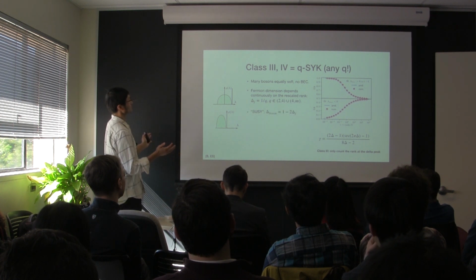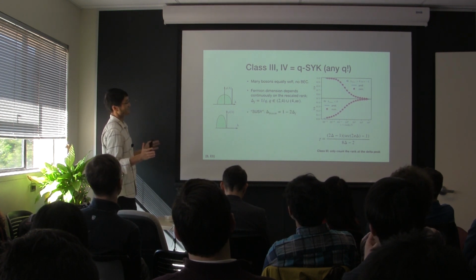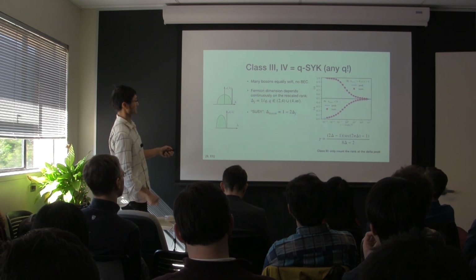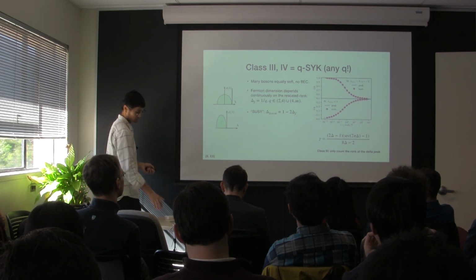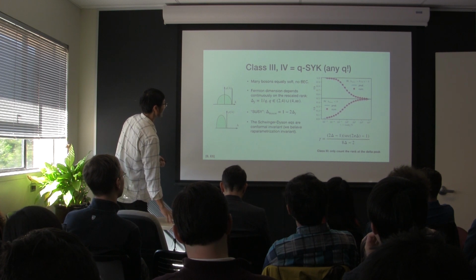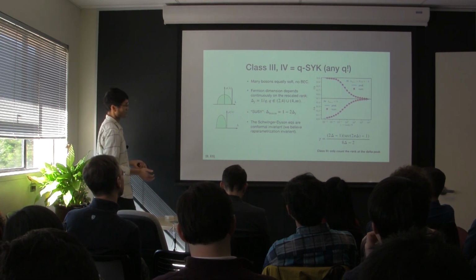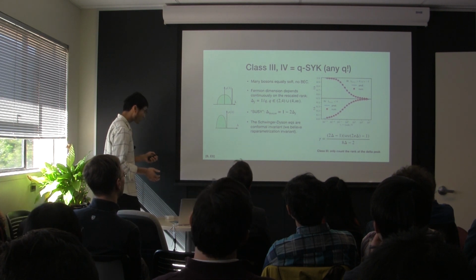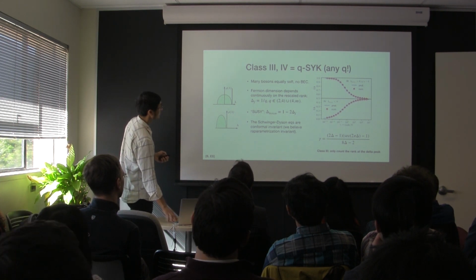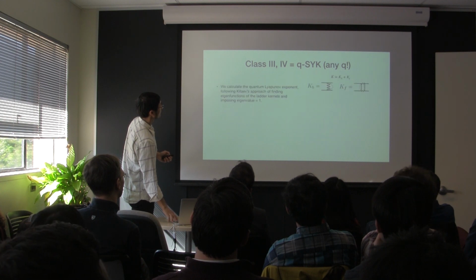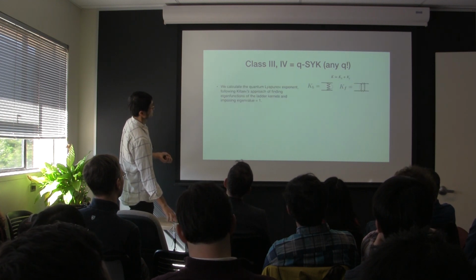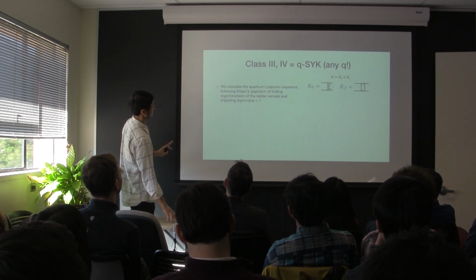And there's also a so-called supersymmetry. The boson dimension is related to the fermion dimension by an exact formula. And finally, the Schwinger-Dyson equations are conformally invariant, and we believe that they are reparameterization invariant. Why do we believe so? Because we have calculated the Lyapunov exponents by following Kitaev's approach.